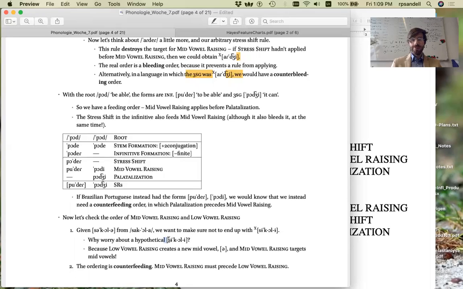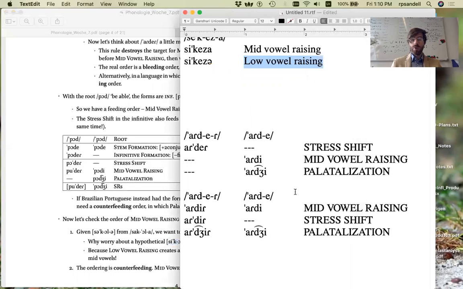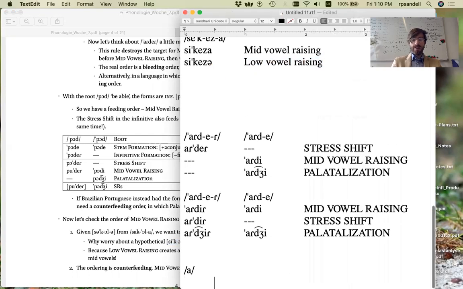And you might ask yourself, well, on what basis are you worrying about this hypothetical form sɨcole with high central vowels ɨ at all? And the issue here is that, as I mentioned earlier, low vowel raising creates a new mid-vowel. So the schwa, when low vowel raising applies to an underlying a and creates a schwa, that schwa is now minus low, right?